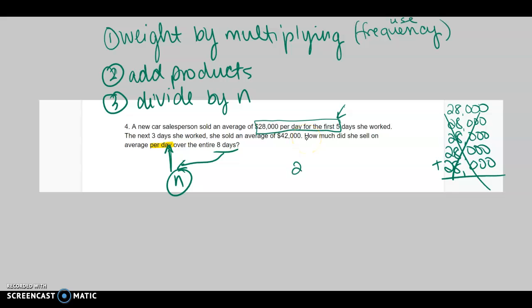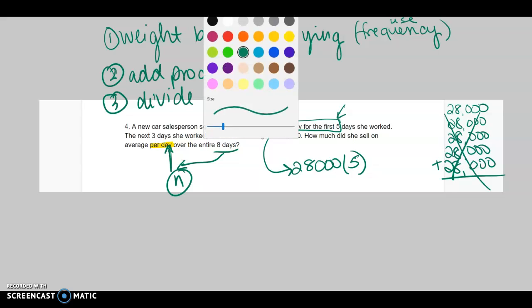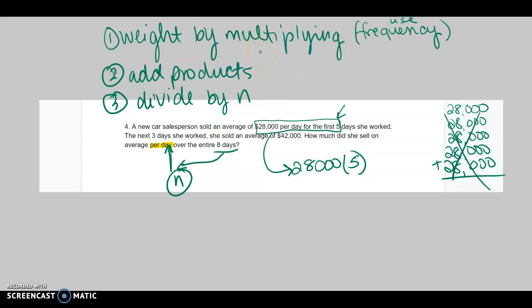So we're doing 28,000 times 5, and 3 days times $42,000. So we'll do those.